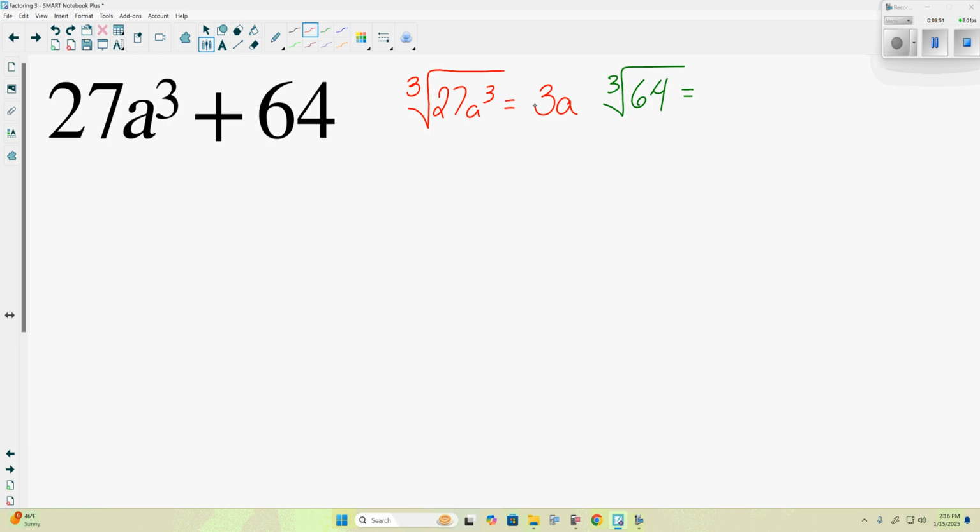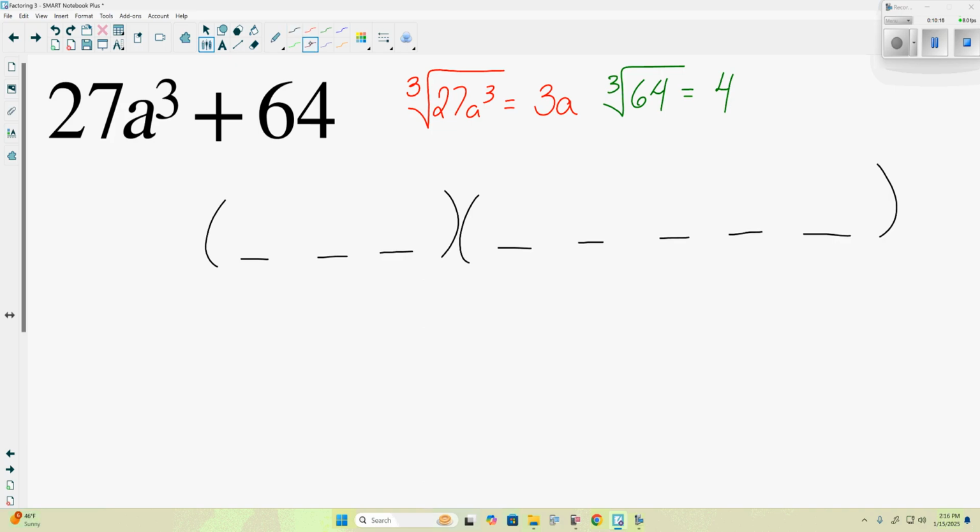Cube root of 64. I think we've already found it today, found it yesterday, is 4. So that does tell us that this here is a sum of two cubes, and we have our two terms.